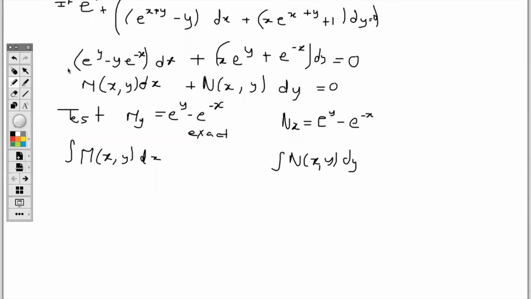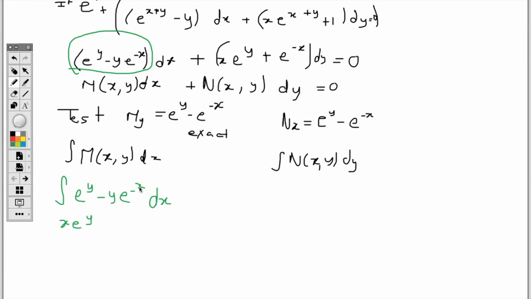Now we're going to integrate this function M(x,y). So I have the integral of e to the y minus y e to the minus x dx. So integrating this, treating y as a constant, it means when I integrate e to the y, I will attach an x, it becomes x e to the y.